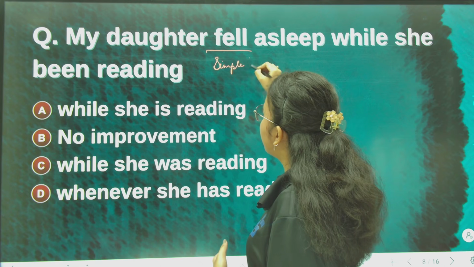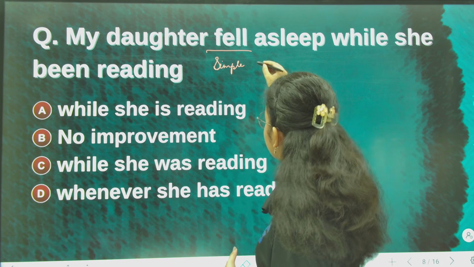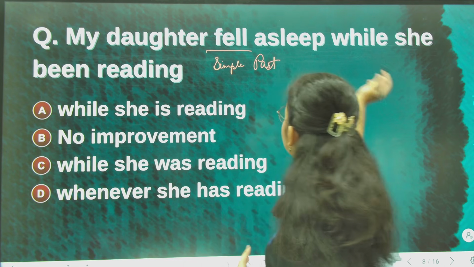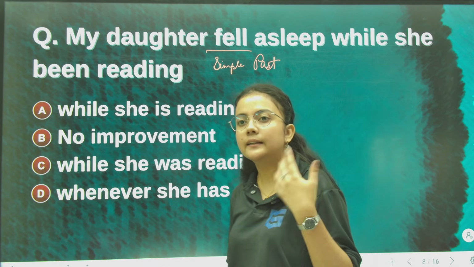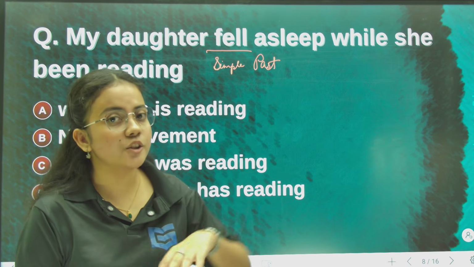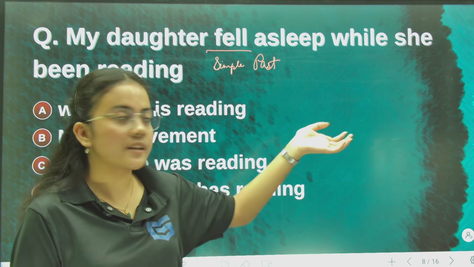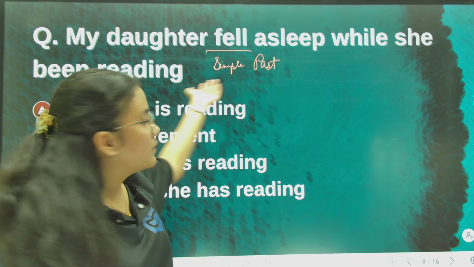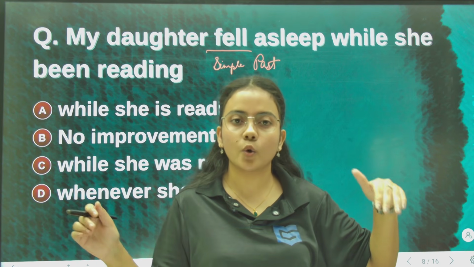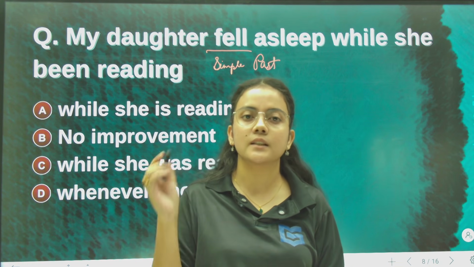It means my daughter fell asleep while she was reading, so when she was reading, she fell asleep. So the action is already in the past, but the reading action was ongoing. An ongoing action in the past, so what do we write? Past continuous.